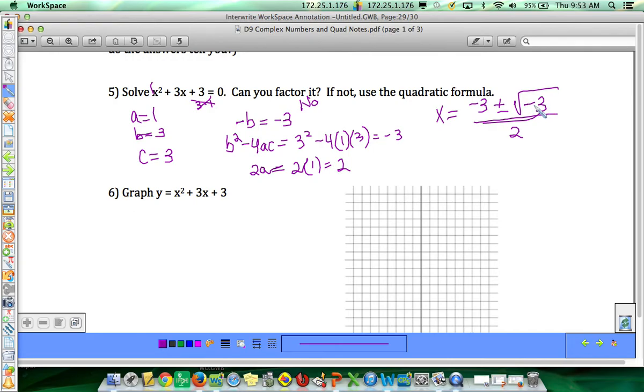This ends up being an imaginary number. Remember, if we're going to find our full answers, we're going to break up that square root into square root of 3 times square root of -1. And remember, square root of -1 is the same as i. So my answer for x will be -3 plus or minus the square root of 3 times i, is not under the square root, all over 2.